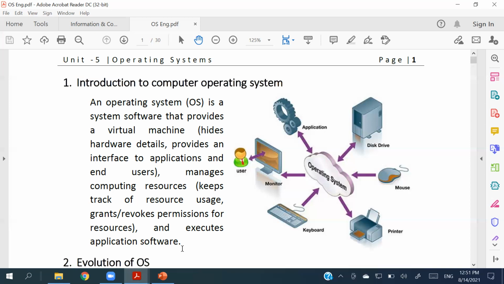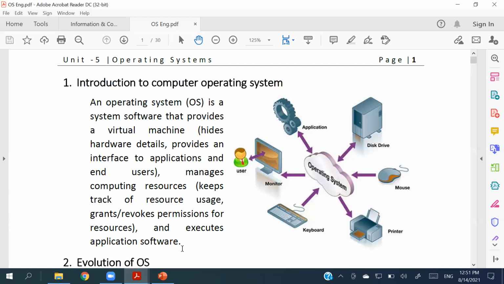The first one, if I read you the definition, says an operating system is a system software that provides a virtual machine, within brackets hide hardware details, provide an interface to application and the end user, and manages computing resources. That is the second fact, right? Keeps track of resource usage, grants and revokes permissions, and executes application software.